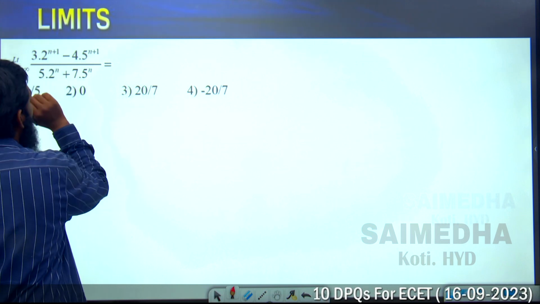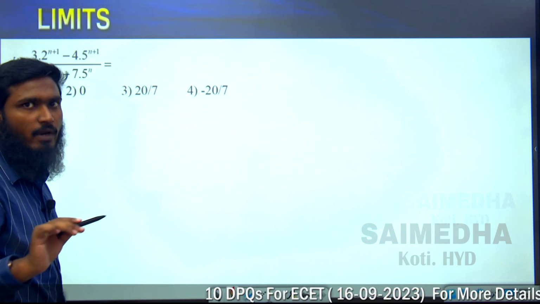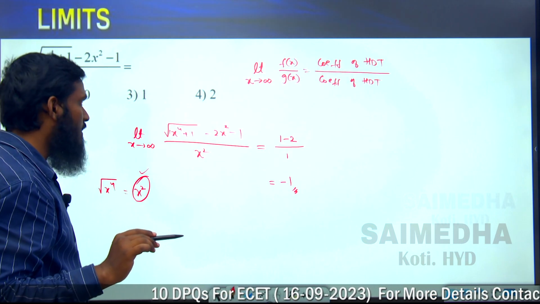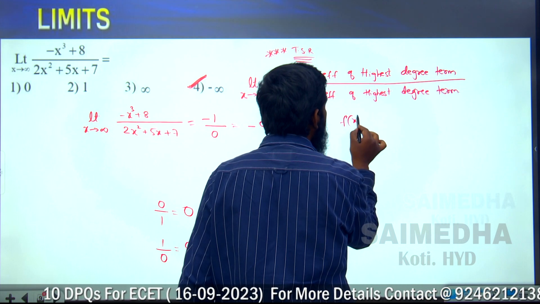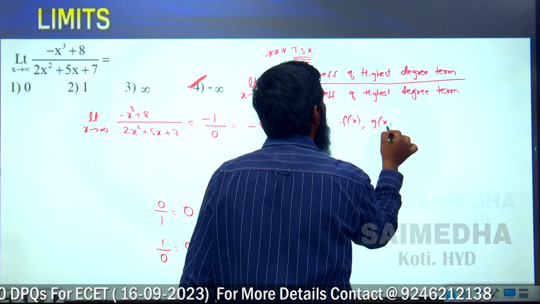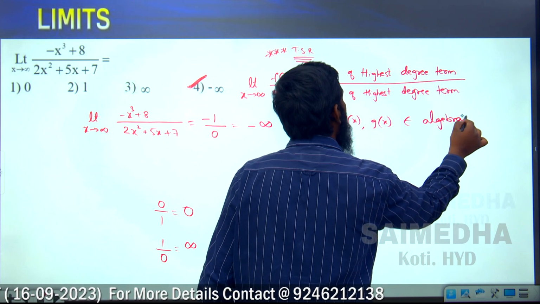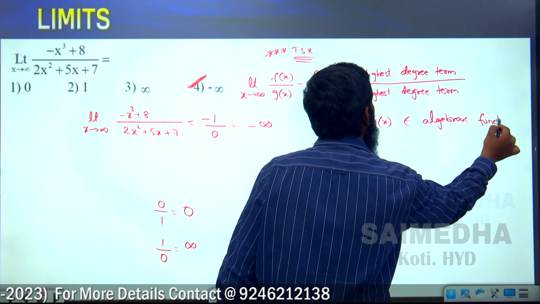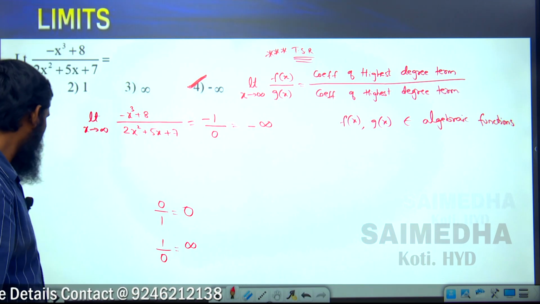3 into 2 power n plus 1 minus 4 into 5 power n plus 1 by 5 into 2 power n plus 7 into 5 power n. Over here, whatever the formula we have written now, f of x and g of x belong to algebraic functions. Then we are selecting highest degree terms.